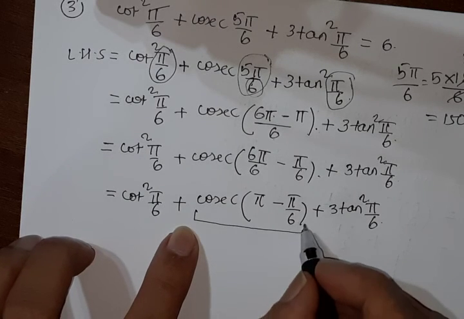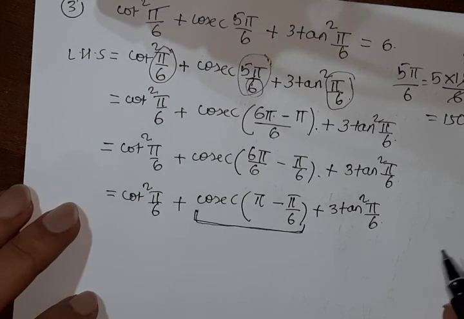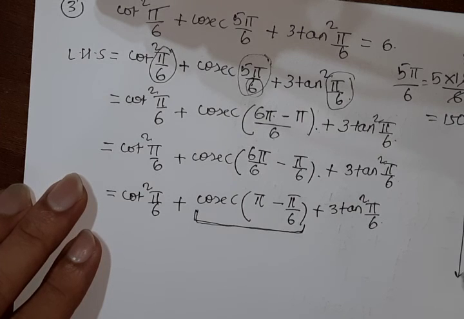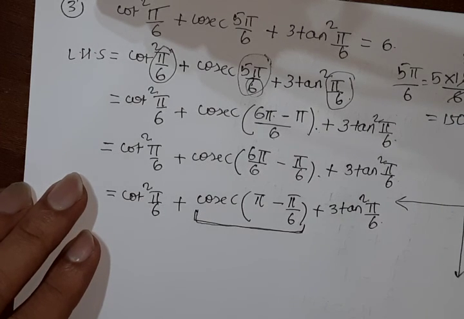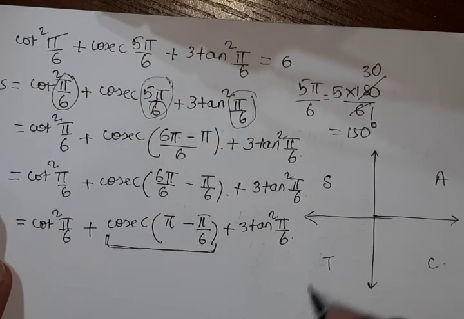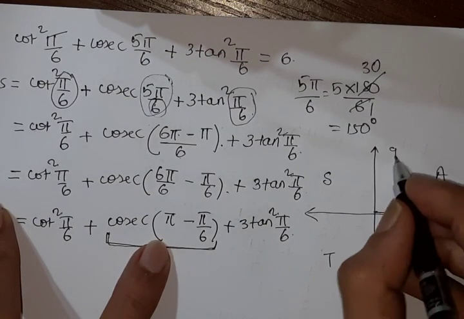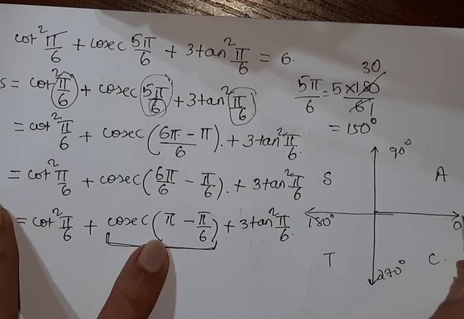Now let us find out what will be this cosec of pi minus pi by 6. So you have to check the coordinate axis. Here it is all silver tea cup, ASTC. Now this is 0 degrees, 90 degrees, 180 degrees, 270 degrees.